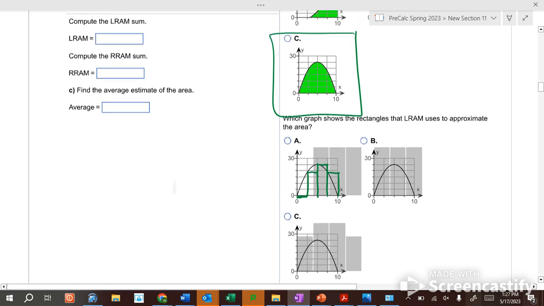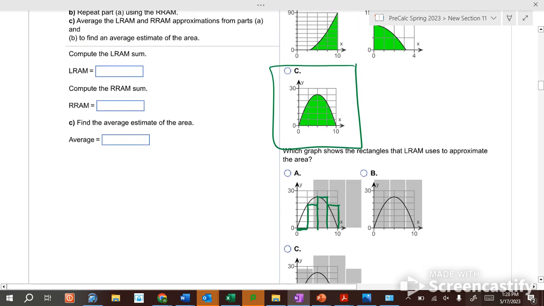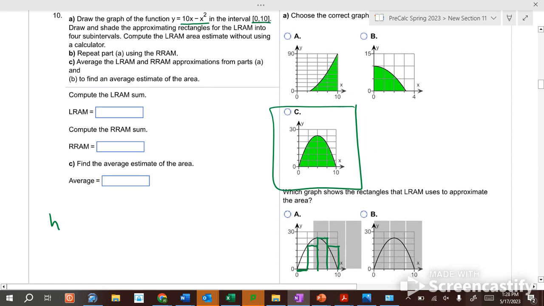All right. So how do we find the height of the rectangle? Well, if you put a 0 into this function, the height at 0 is going to give you 0. And then you take it times the width of 2.5 and you still get 0.